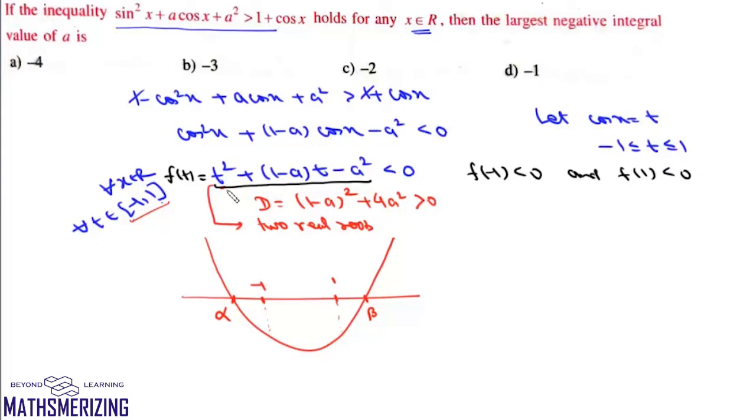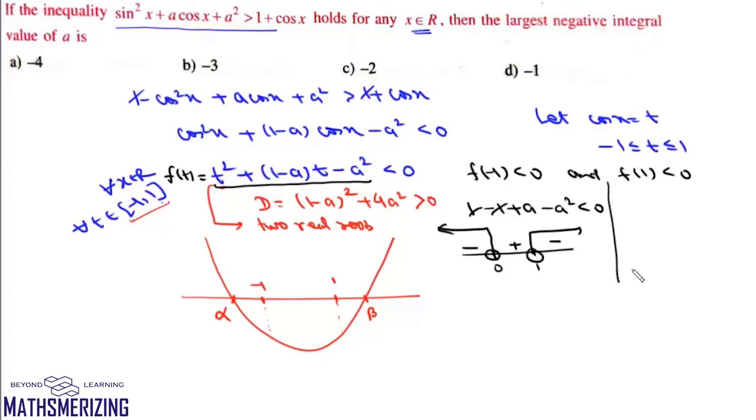Now if we put t as minus 1, we'll get 1, and then minus 1 plus a minus a square is less than 0. So from here we'll get 0 and 1. So this is minus, plus and minus. So that is the value of a is either greater than 1 or less than 0.